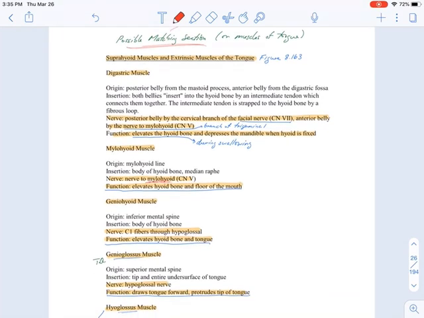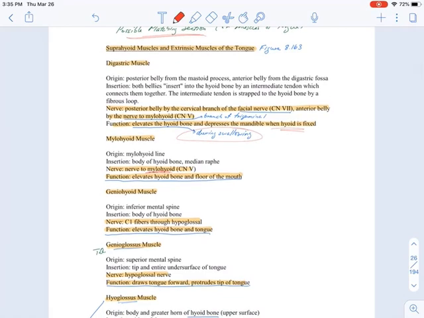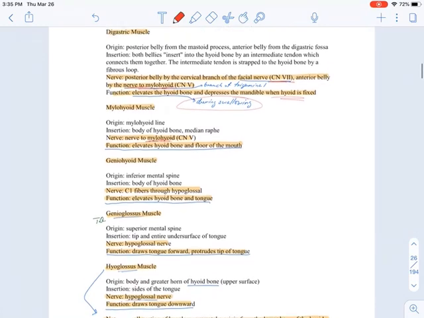So first we have our digastric muscle. It's going to elevate the hyoid bone during swallowing and then depress the mandible when the hyoid is fixed. Innervation, we have some stuff from the facial nerve and then from our trigeminal nerve.